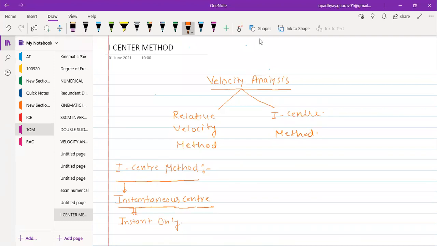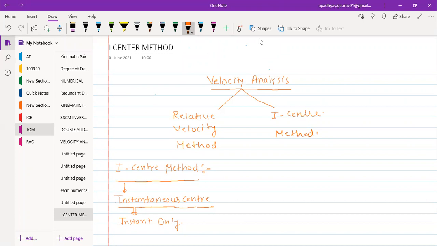We are not able to identify the velocity for the moving link. So I have to take a picture of that configuration at any instant of time, draw that configuration, and then only I can find the velocity of any point on the given link. So this I center method is nothing but the instantaneous center, and instantaneous means at the given time or at any instant.